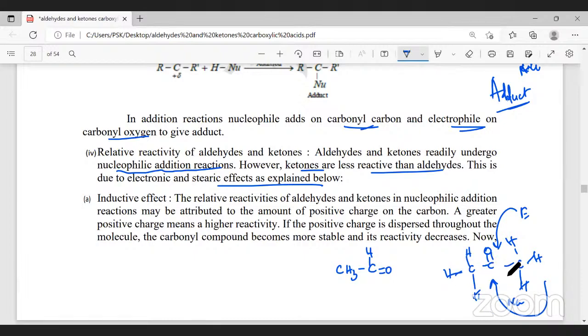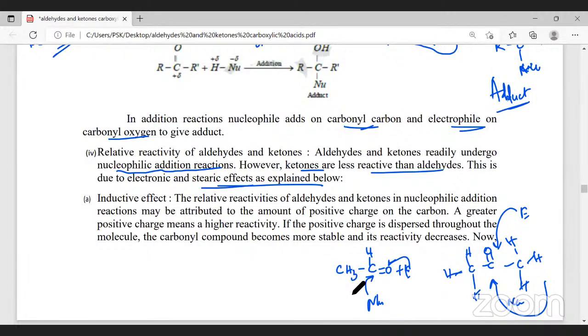This is called steric hindrance. But in the case of aldehydes, you can see the C double bond O is free. So easily the electrophile can attack oxygen and the nucleophile can attack carbon. This effect is called electronic effect and steric effect. Steric effect is availability of space. Therefore, aldehydes are more reactive compared to ketones.